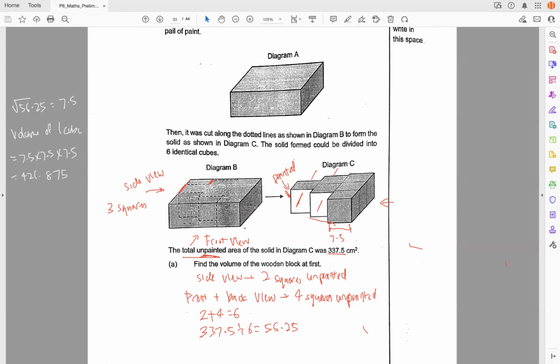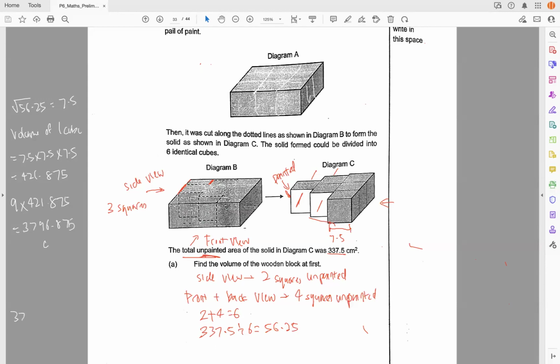So the volume of the wooden block at first consists of 9 cubes. So 9 times 421.875, you get 3796.875 cm.